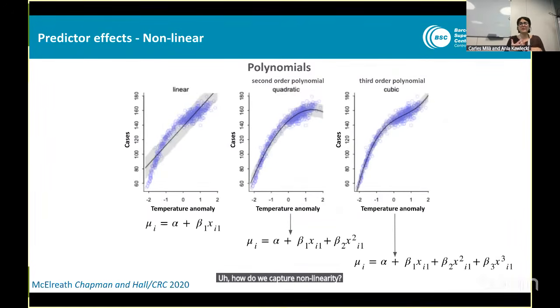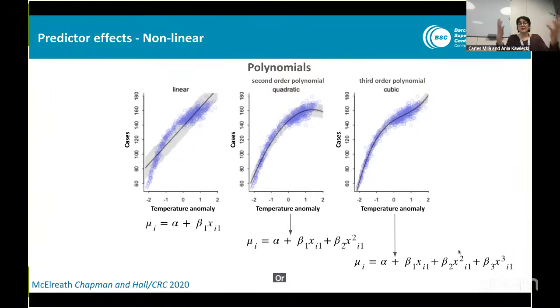There are several ways to do this. One would be to introduce polynomial terms into your model. For example, you can introduce a quadratic term. So instead of having just beta 1 temperature, you could have beta 1 temperature and beta 2 temperature squared, and then you would get this curve.